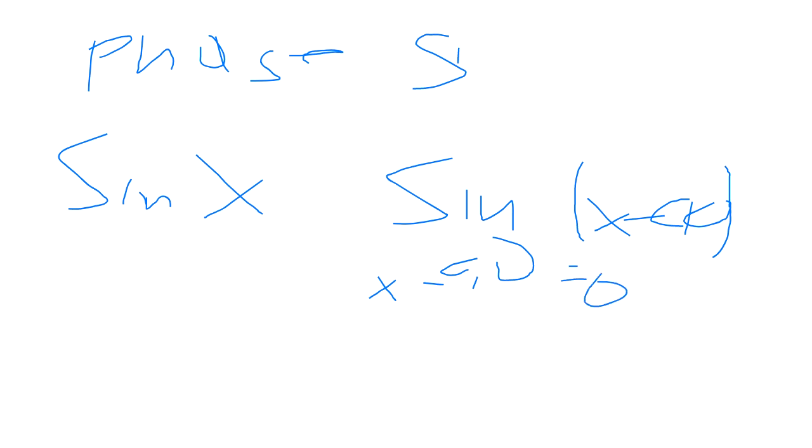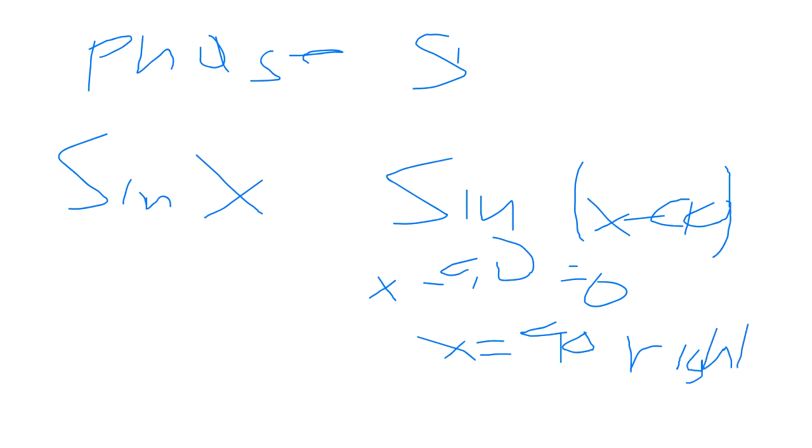So x is going to give us 90. Once it's positive, that means your phase shift will be 90 right. If it's negative, it will be 90 left.